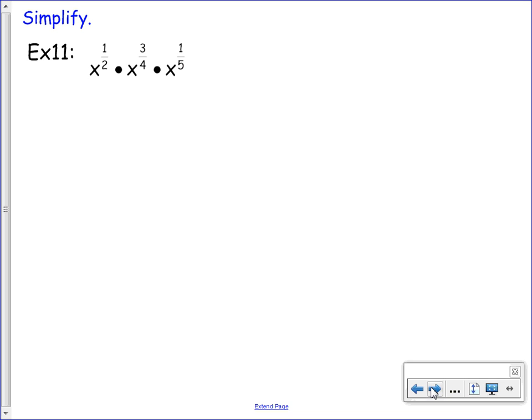What's my least common denominator? 20. So this needs to be multiplied by 10, this by 5, and this by 4.